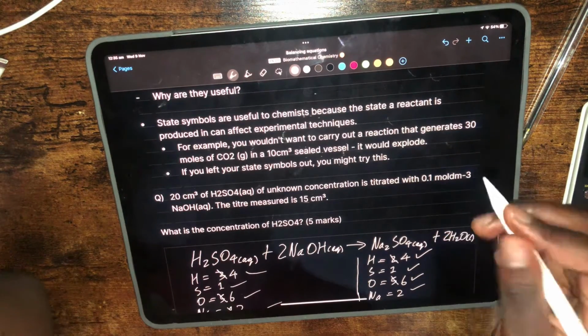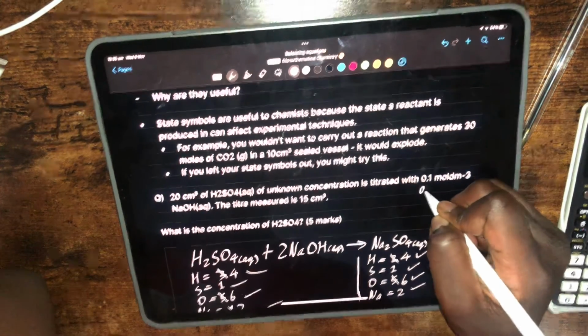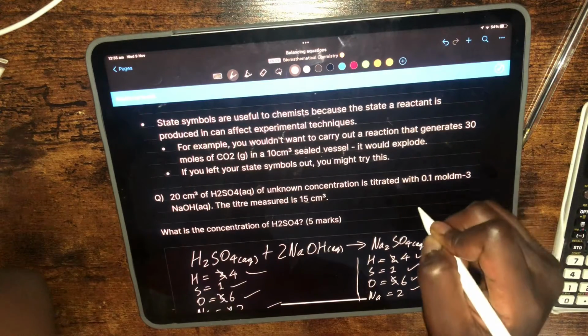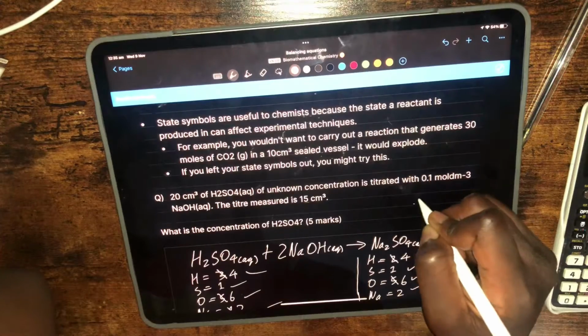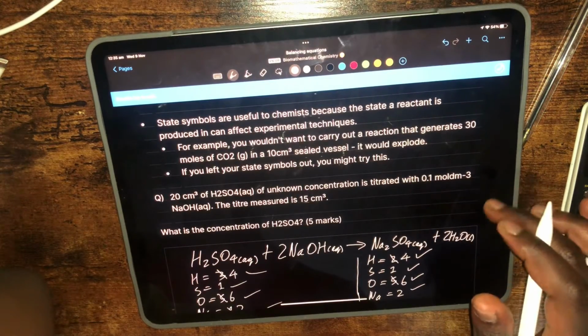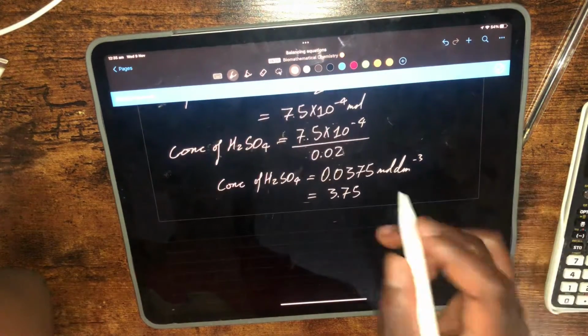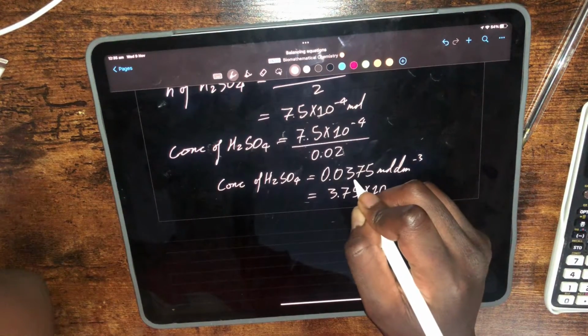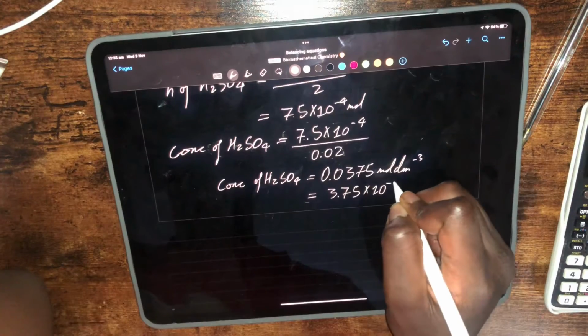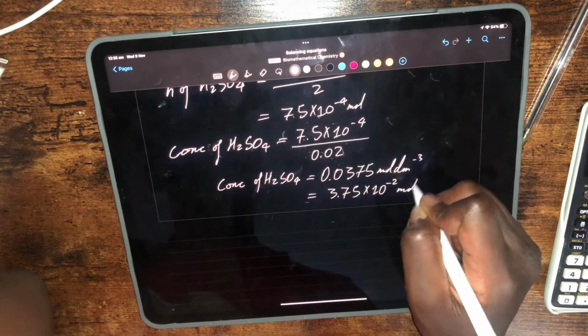Sorry, the place I copied it from was actually 0.1.